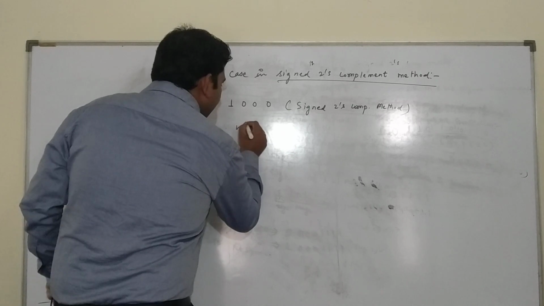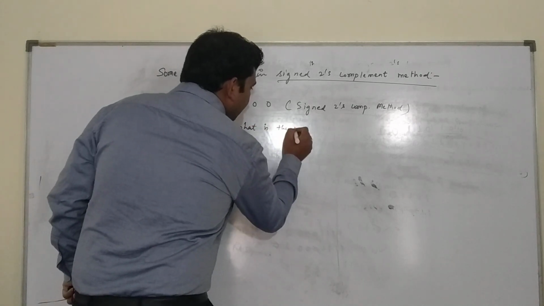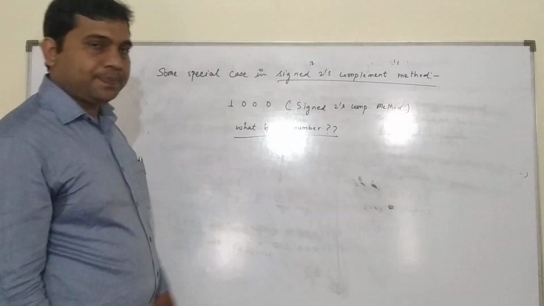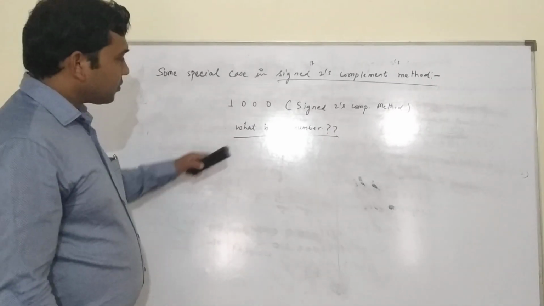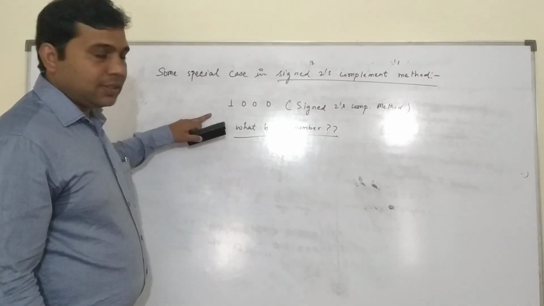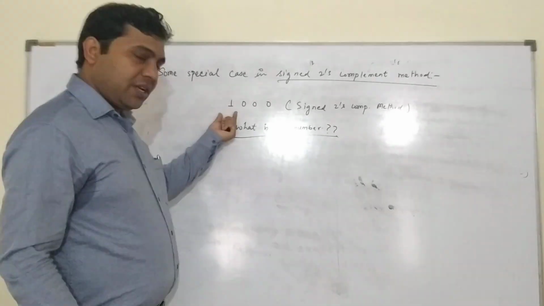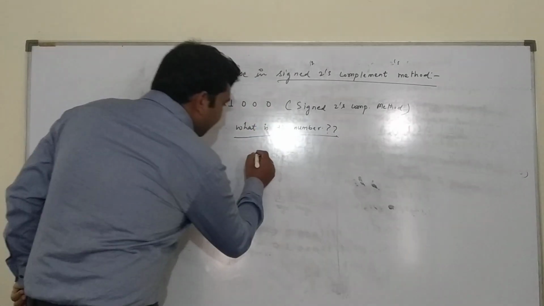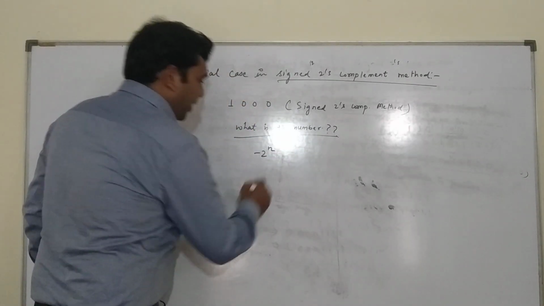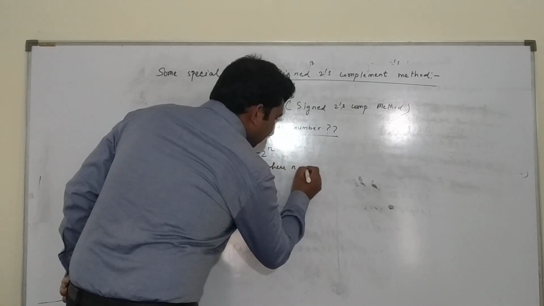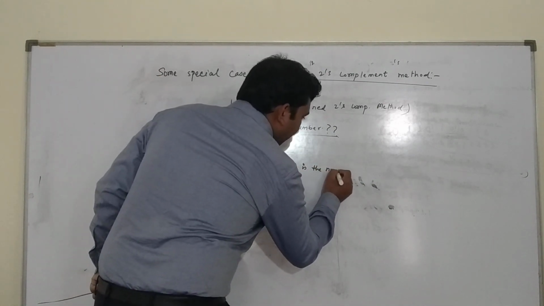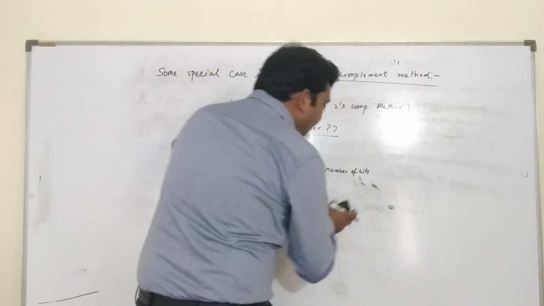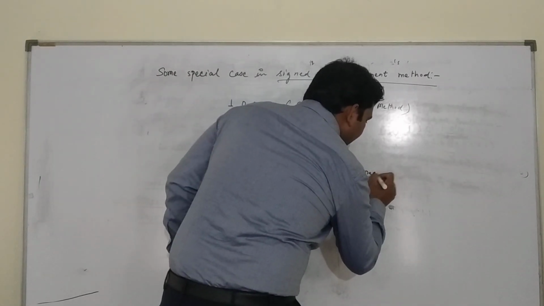What is the number? This is a very special case. If the sign bit is 1, meaning the number is negative, and the rest of the bits are 0, the number is directly minus 2 to the power n, where n is the number of magnitude bits.